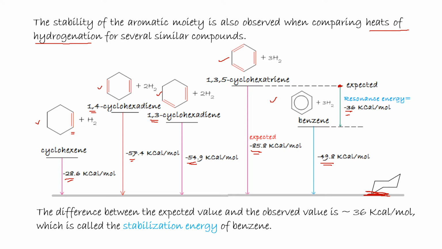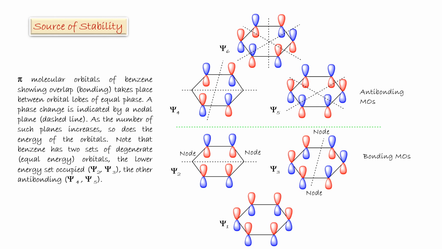Now we will try to figure out why. How can we explain, rationalize, why the benzene ring is more stable than expected? Source of stability. The molecular orbitals of benzene show overlap bonding takes place between orbitals lobes of equal phases.